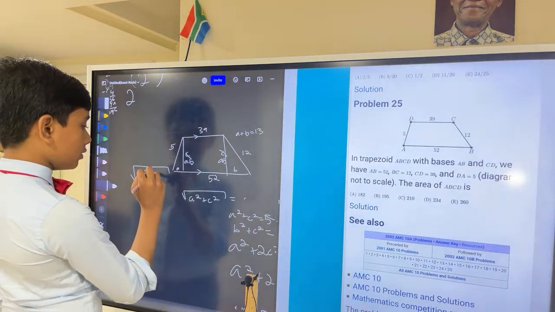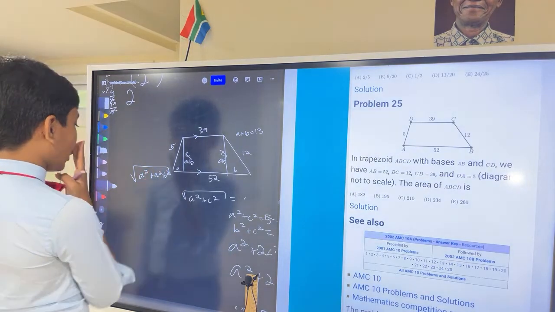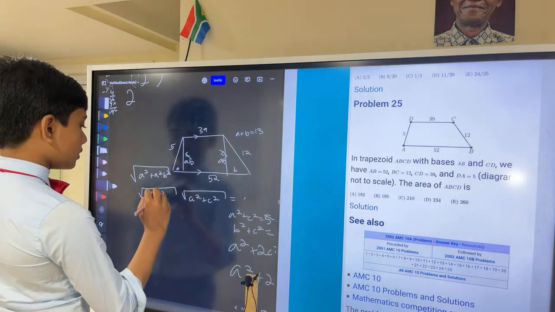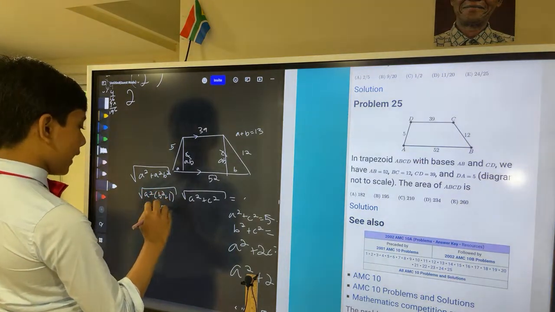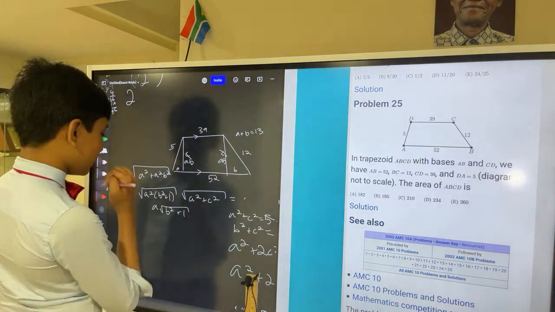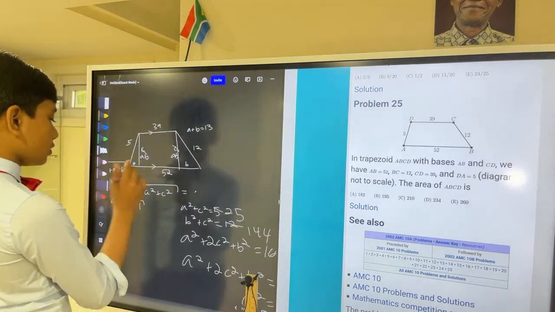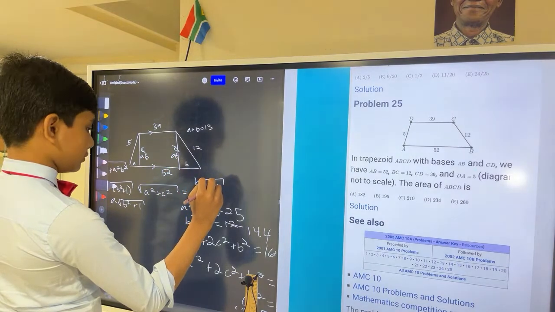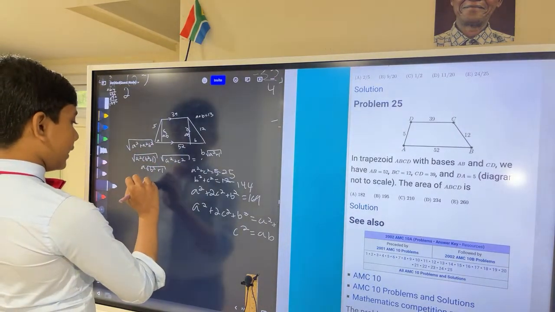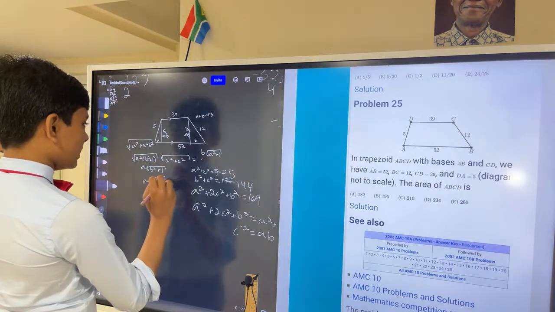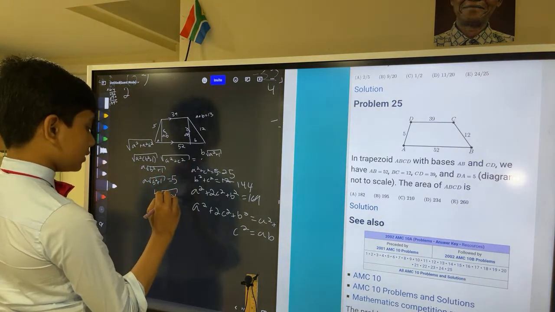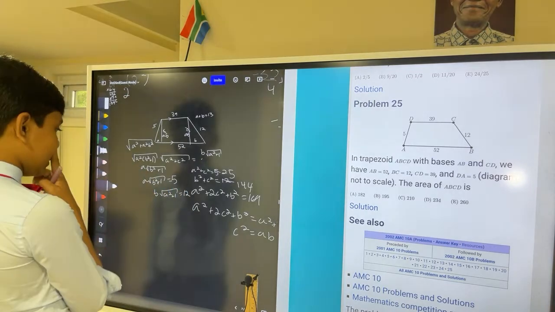That means we also know this is A squared plus A squared B squared. Which means it's A squared times B squared plus 1. Or A root B squared plus 1. And I think a similar logic happens here, where it's B root A squared plus 1. So A root B squared plus 1 is equal to 5. B root A squared plus 1 is equal to 12.